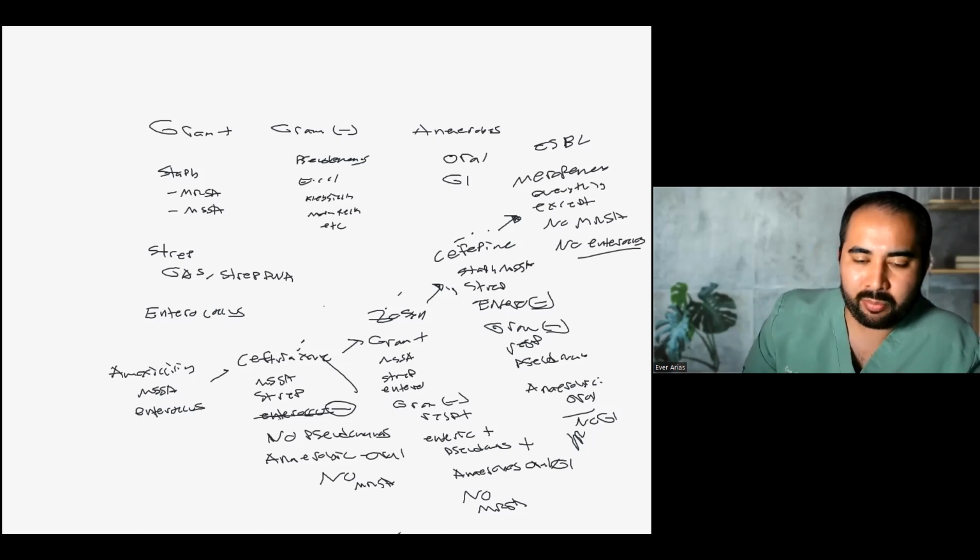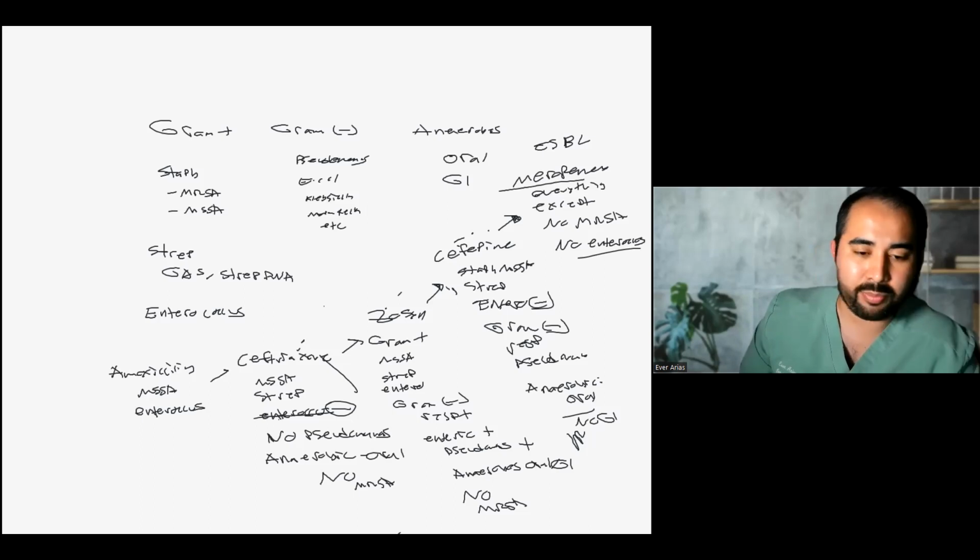You usually see this in older patients who have chronic Foleys and ESBL UTIs, and you want to put them on meropenem. Usually the way I do this is you go back in their chart and see if they had ESBL resistance in the past.